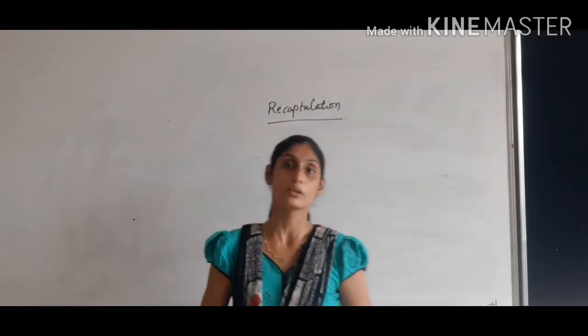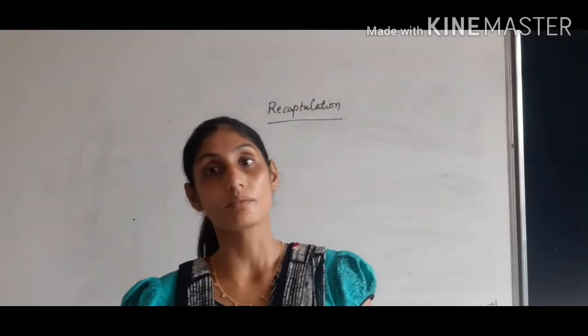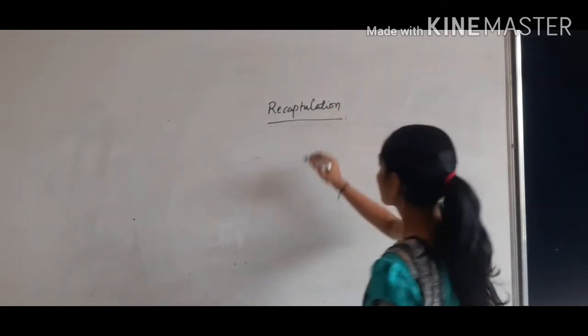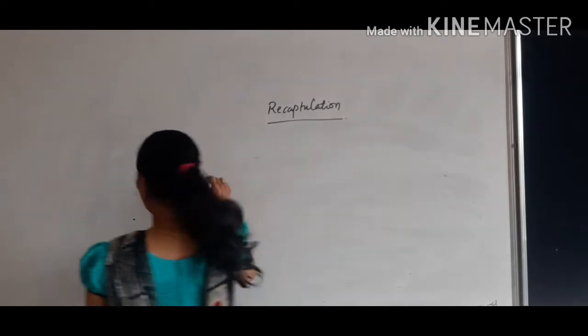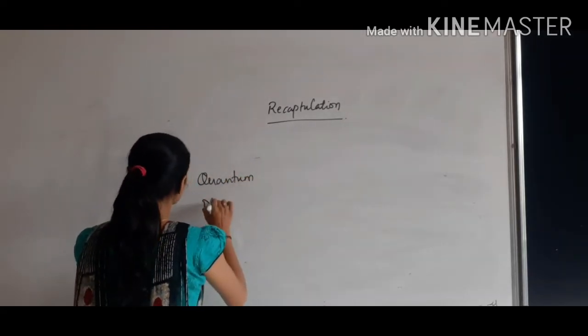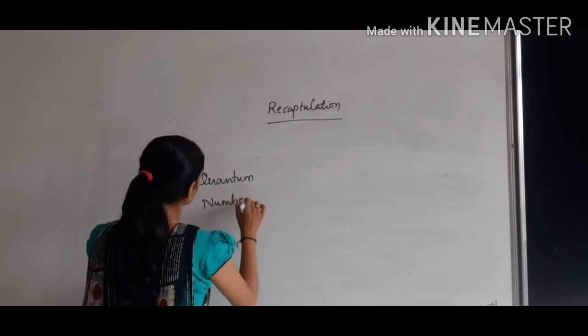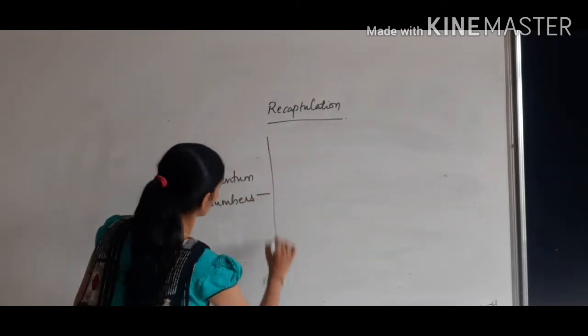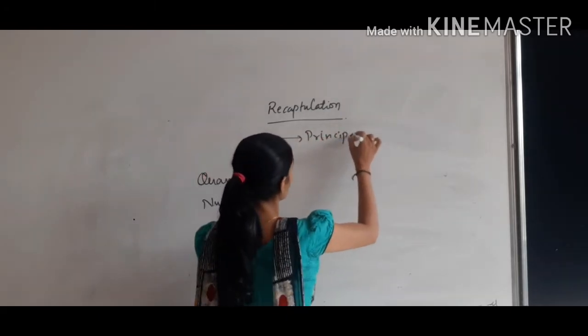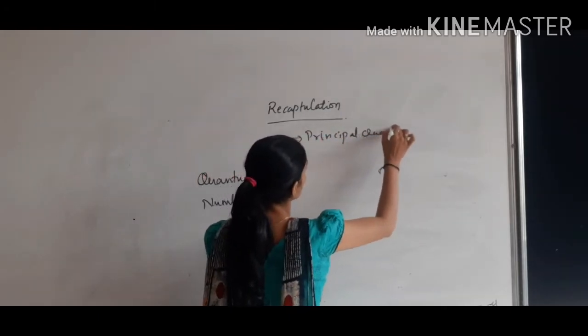As we have done about the quantum numbers, here I am just going to calculate the particular things. When we talked about the quantum numbers, the very first is the principal quantum number, children.